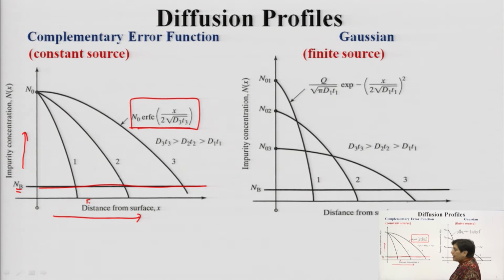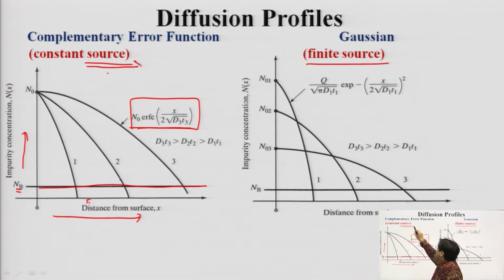Whereas in the second case, when we have a finite source, the source was existing and the diffusion conditions were made conducive.